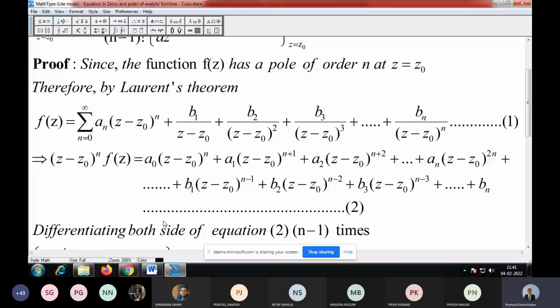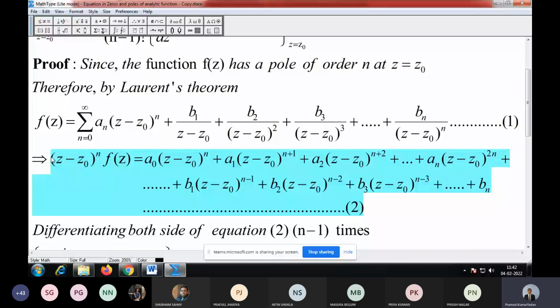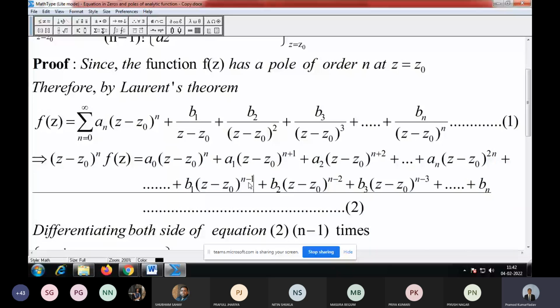Already I told you that our aim is to find the value of b1. So you may think how we can find it. If we take the limit as z tends to z0, then again it will be a problem, it will become 0. So our problem is not solved. So to find the value of b1, we can differentiate this equation on both sides. How many times? n minus 1 times. Why? Because the maximum power is n minus 1.